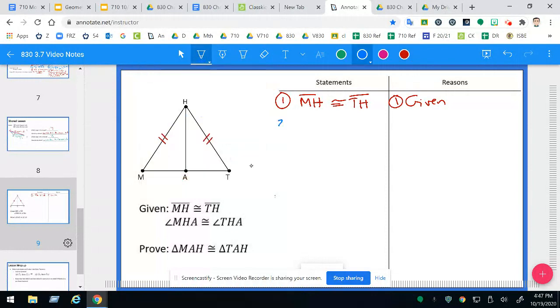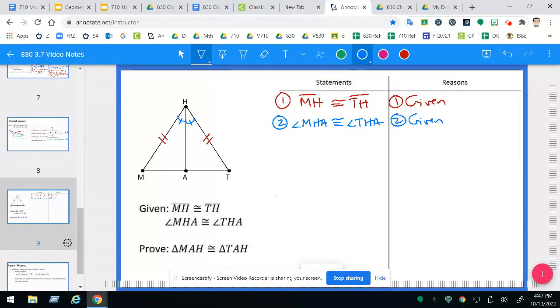Now we're going to put the other given, angle MHA is congruent to angle THA, being careful to find the vertex in the right place. That's this angle and this angle. So we've got two congruent sides and two congruent angles. And we're just trying to prove these two triangles congruent.